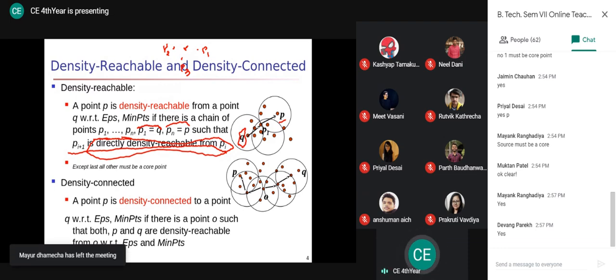Yes. Fine. Now let me redefine the criteria. P1, P2, P3 are all in the range of T. Min points is equal to 4. Can you tell me whether P1, P2, P3 are directly density reachable from T or not?